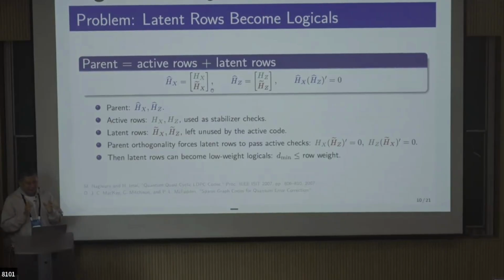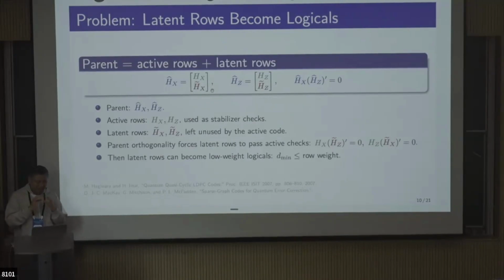In the classical LDPC setting, once the code is randomly constructed, it has linearly growing large minimum distance. But even if the parity check is sparse, in the CSS code setting we must satisfy the orthogonality, and it gives rise to the latent upper bound. So the difference is only the latent upper bound.